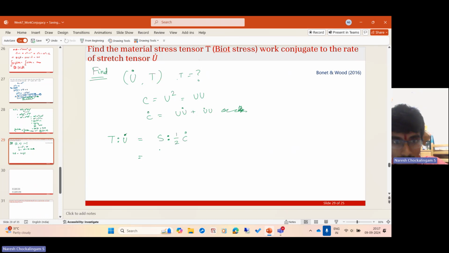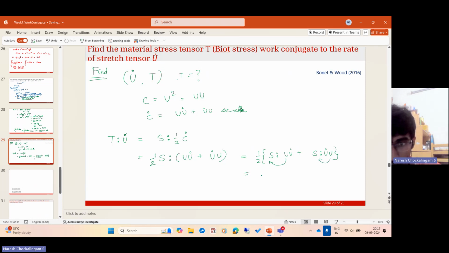What is S double dot C dot? It is half of S contracted with U dot U plus U U dot. So this is nothing but half of S contracted with U dot U plus S contracted with U U dot. Again, this U can be transferred to the left side. Whenever you do it, take a transpose.